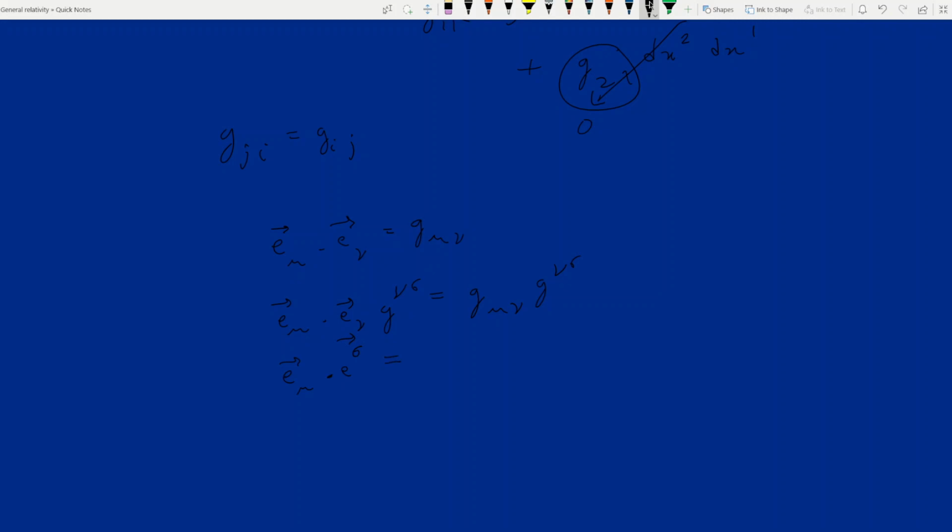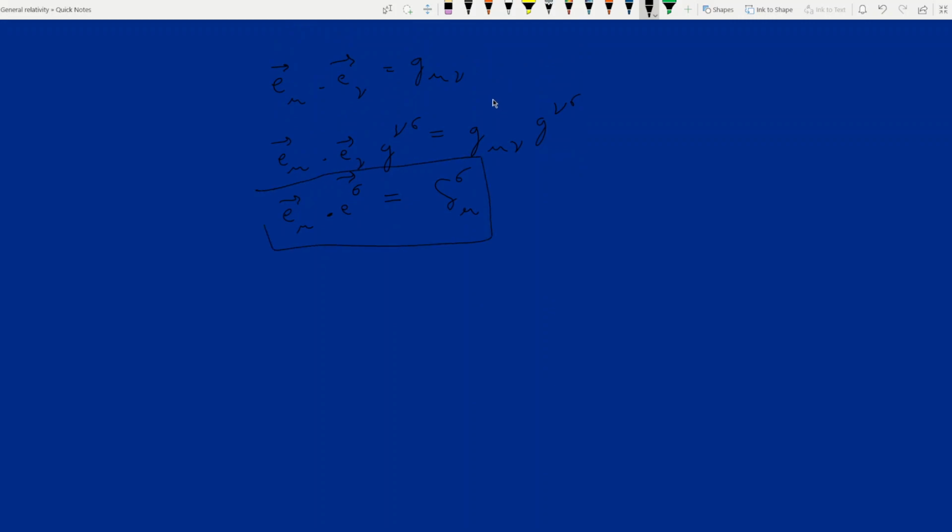On the right hand side, we established in one of our earlier videos that g mu nu, g nu sigma, is the Kronecker delta of mu lower index and sigma upper index, right? So this is our new equation.